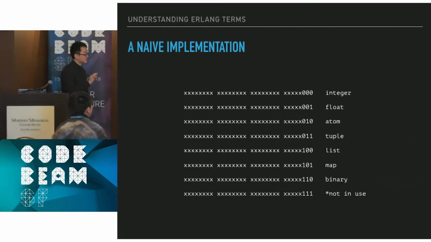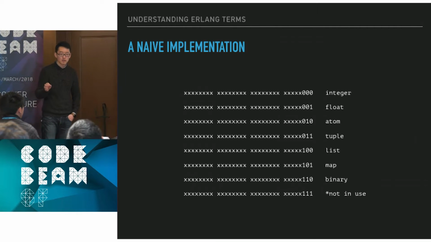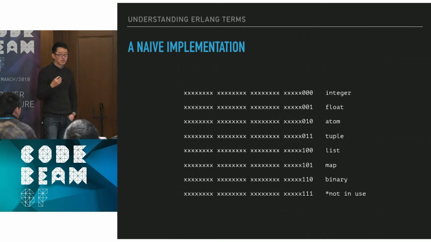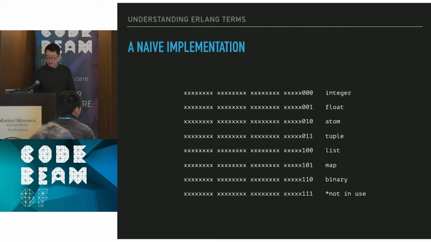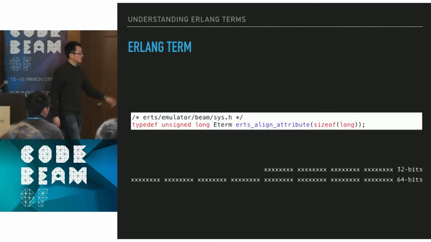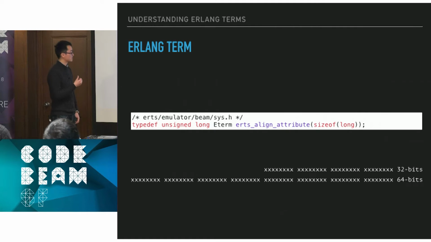As you can see, this system will work. However, it's not very scalable or convenient, because later, if we want to add more types, it's not so easy to add more. In Erlang, the type system is implemented similarly, but a little more advanced. This is the C code in the Erlang virtual machine.